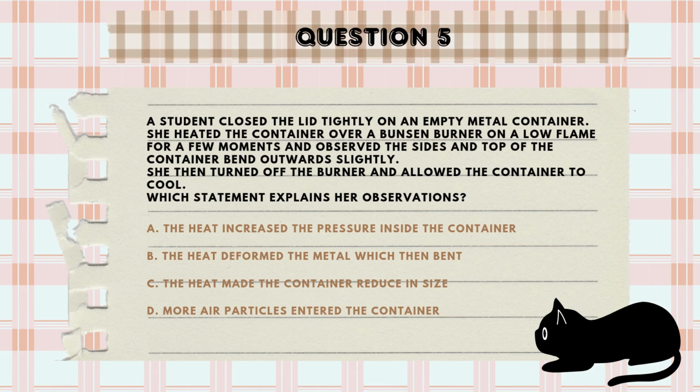The last question. A student closed the lid tightly on an empty metal container. She heated the container over a Bunsen burner on a low flame for a few moments and observed the sides and top of the container bend outward slightly. She then turned off the burner and allowed the container to cool. Which statement explains her observations?